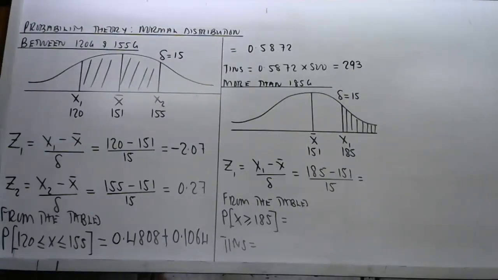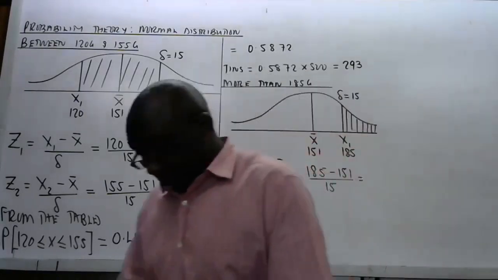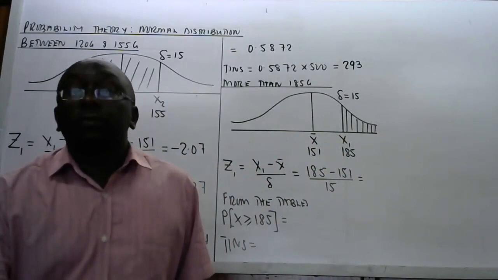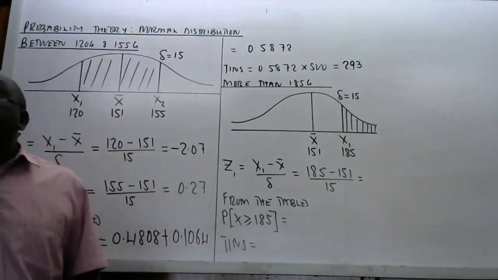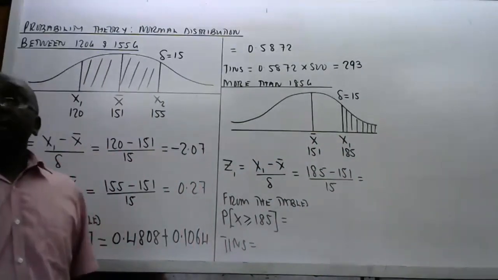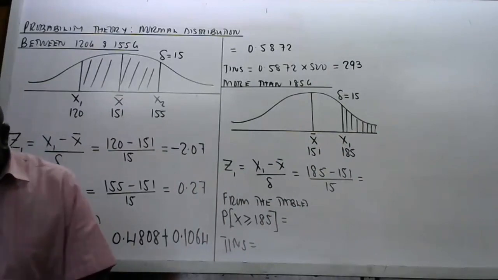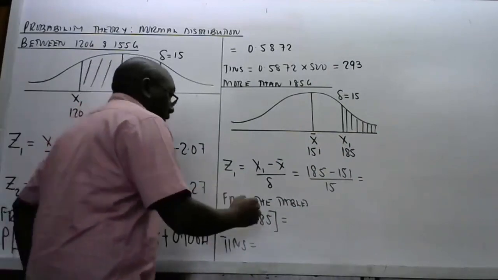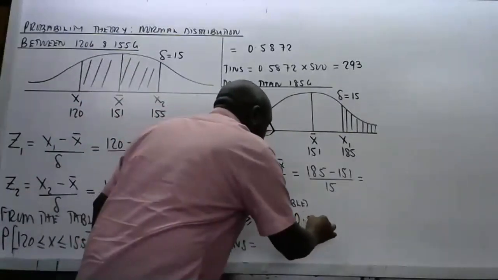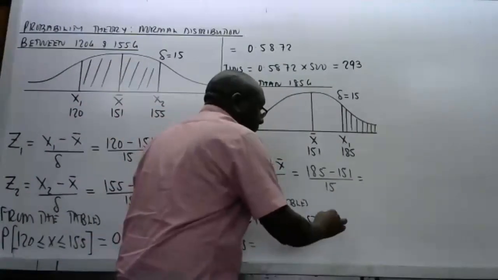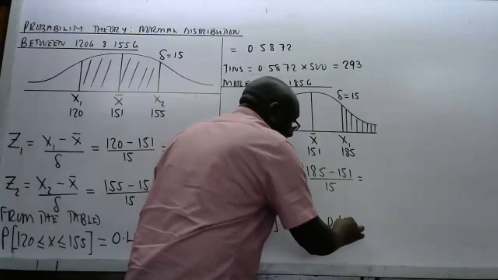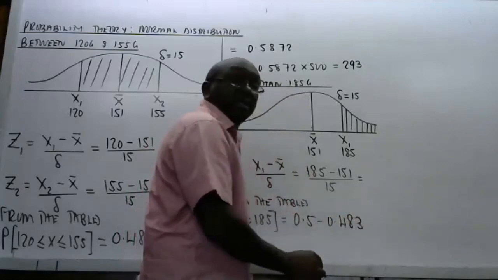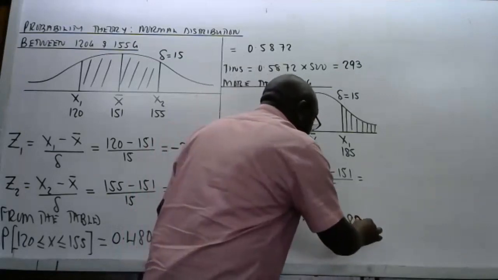So how many tins? You have got 5 tins. Okay. So we have gotten 5 tins, because here it is 0.5 minus 0.4884.